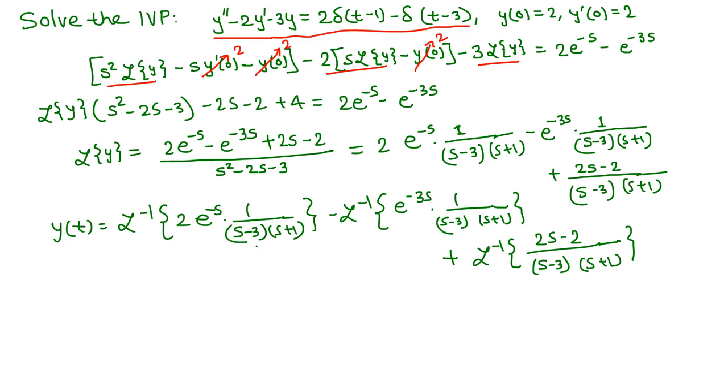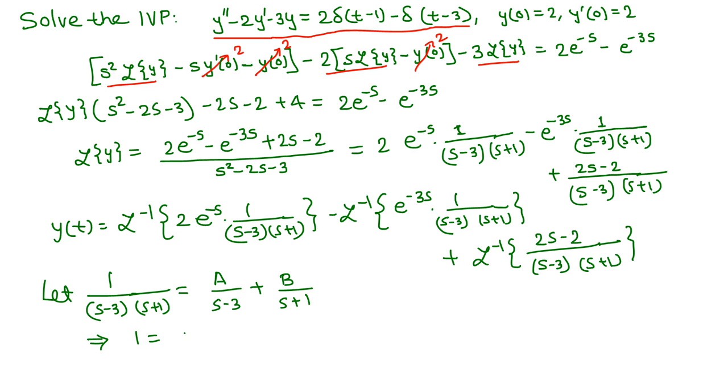Okay, now we need to write this complex fraction as a sum of two simpler fractions, called partial fractions. They are basically the same for the first two, just 1, and then for this one. So let's try that. Let 1 over (s-3)(s+1) equal A over (s-3) plus B over (s+1). Then the bottoms cancel, so 1 equals A(s+1) plus B(s-3).